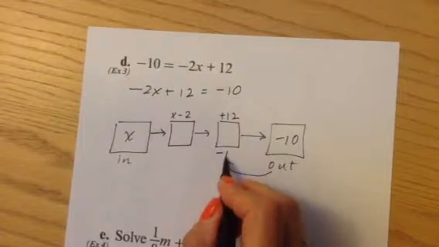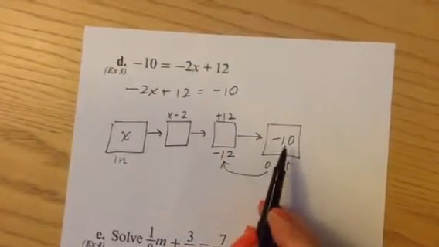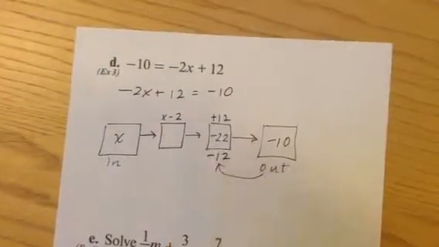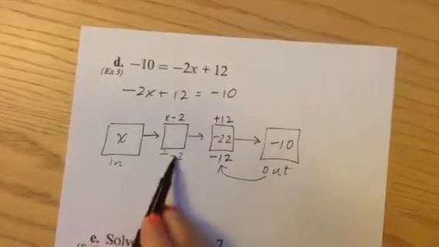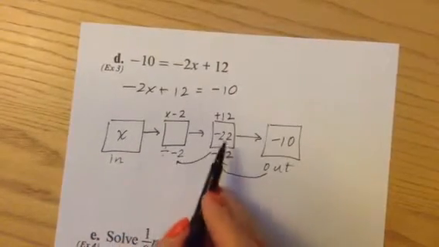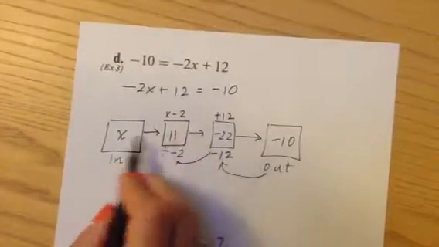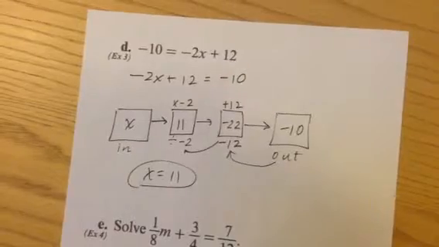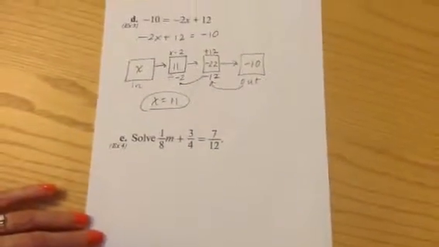So I'm going to subtract 12. And negative 10 minus 12 is negative 22. And now I'm going to divide by negative 2. And negative 22 divided by negative 2 is 11. So x equals 11 is the solution to my equation. And I solved that using diagramming.